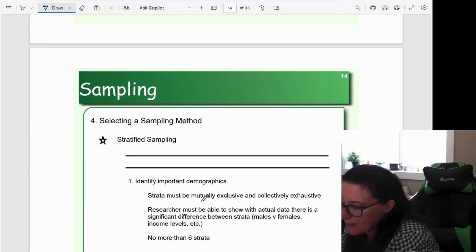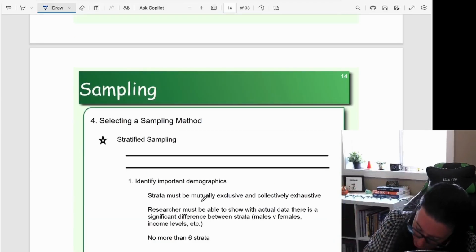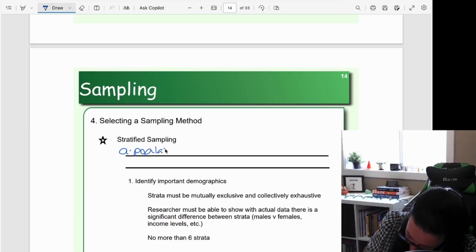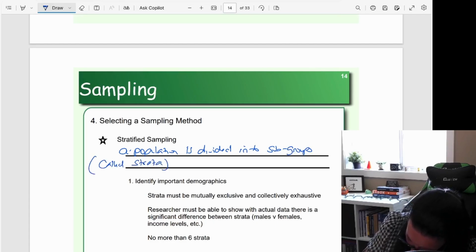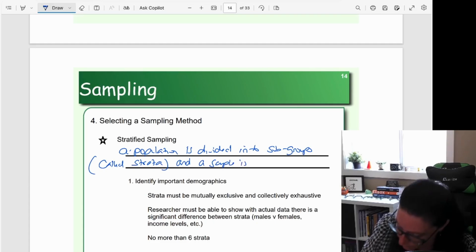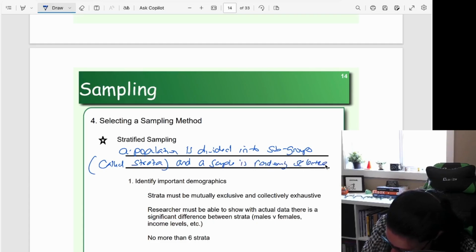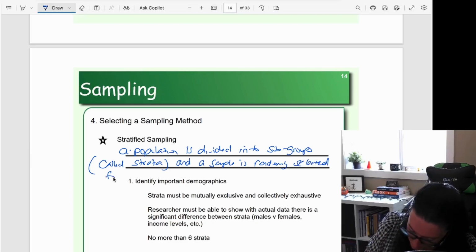A stratified sample is where a population is divided into subgroups called strata, and a sample is randomly selected from each stratum.